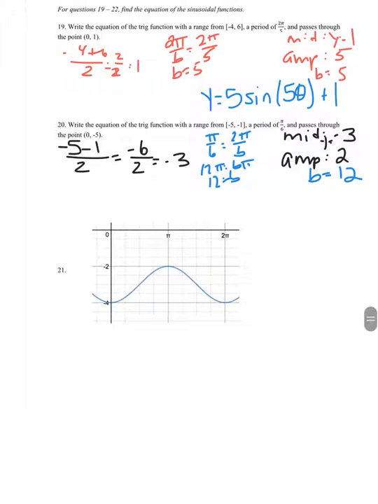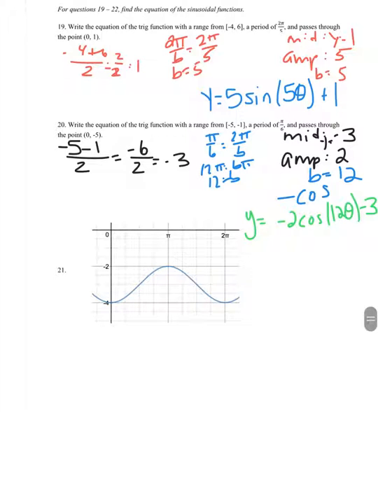So it doesn't pass through my midline, so it's going to be cosine. And then it passes the lower boundary, so it passes the minimum range, so it's going to be negative cosine. So my final answer here, y equals negative 2 cosine of 12 theta, close your parenthesis, minus 3. And that's it for that one.